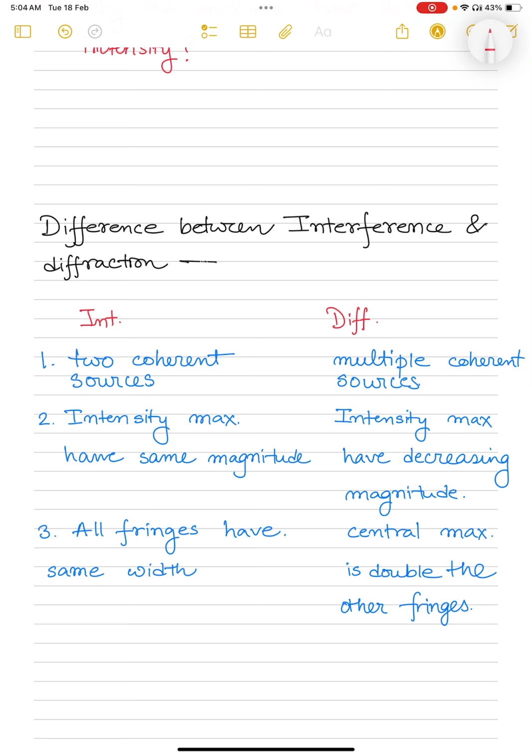So all the fringes have the same width in the case of interference, whereas in diffraction the fringes have different widths. The central maxima has the maximum width compared to the other fringes, and the central maximum has double the fringe width compared to the first or second or third maxima.